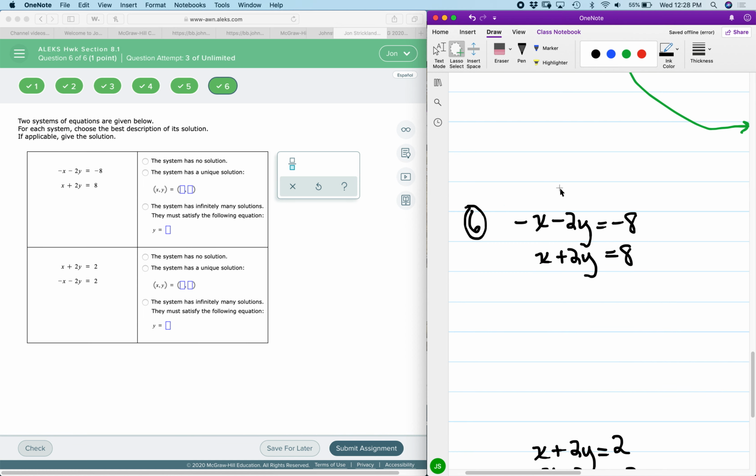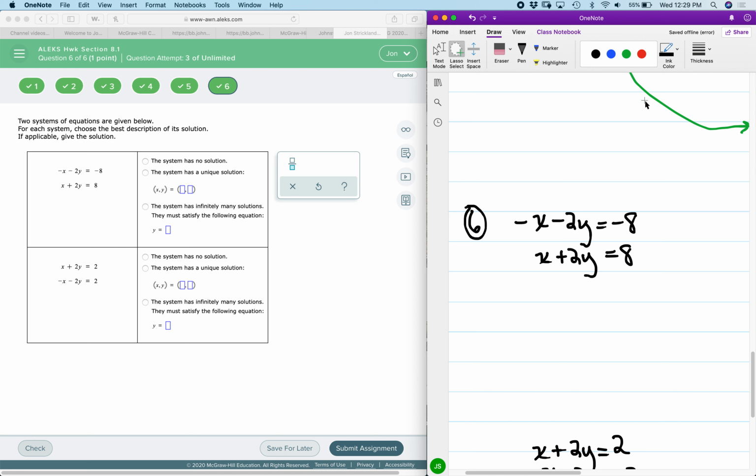Okay, for number 6, you have two systems of equations given. It says that for each of them, choose the best description of the solution, and where applicable, give the solution. Now in number 6, we have negative x minus 2y is equal to negative 8, and x plus 2y is equal to 8.